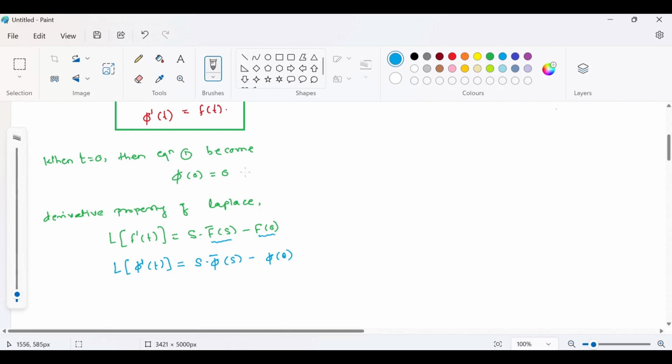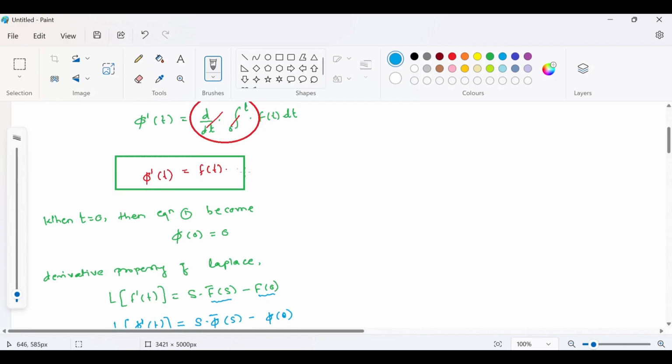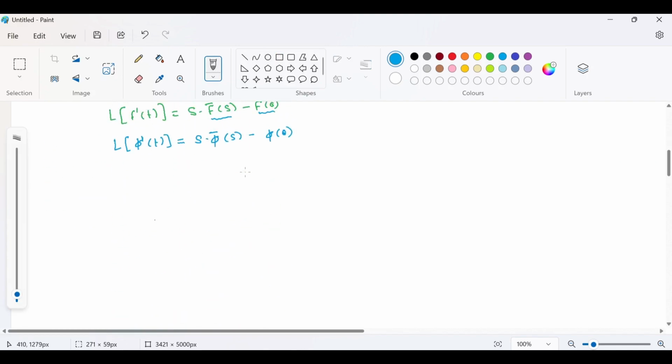Now we have phi dash of t value, and we also have phi 0 value. So I'm going to put that value. What I will get: Laplace of f of t is equal to s into phi bar of s minus 0.